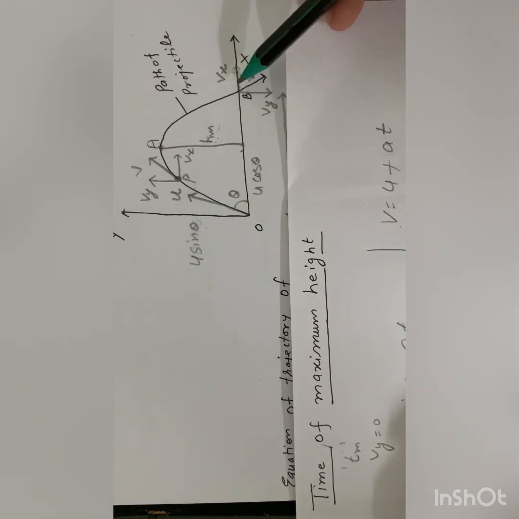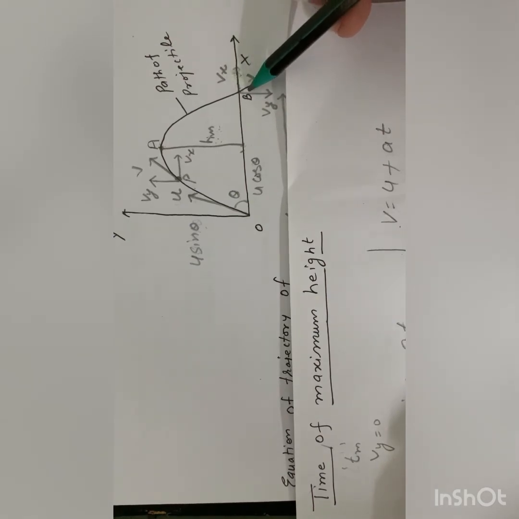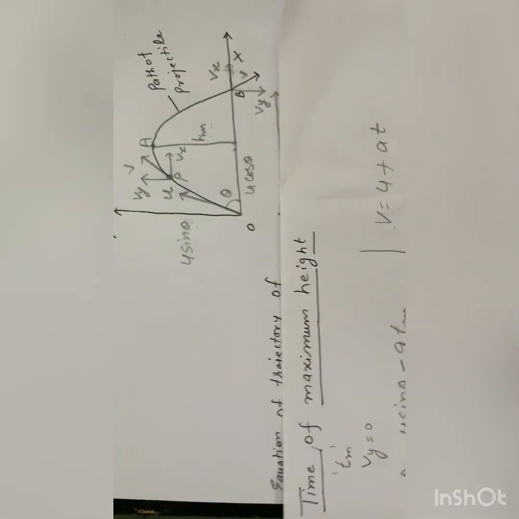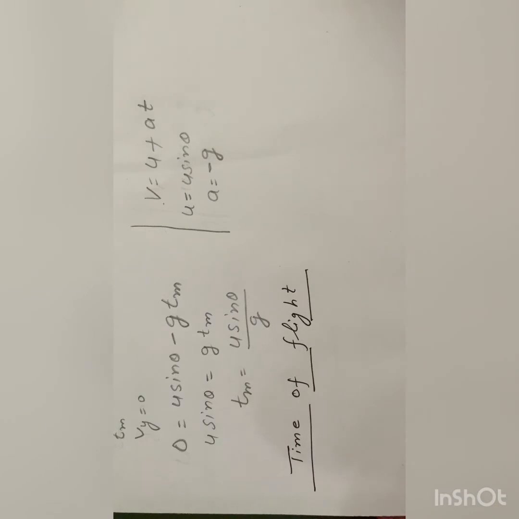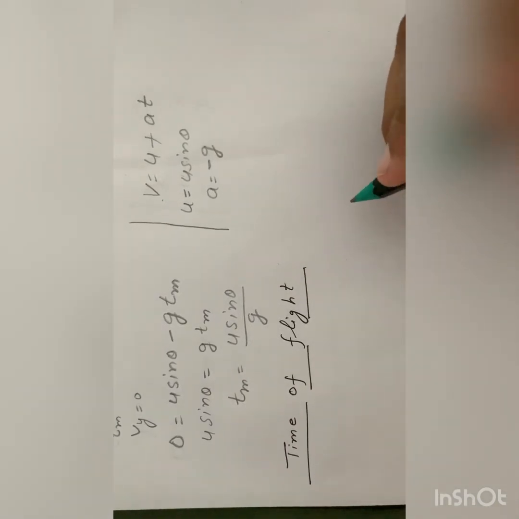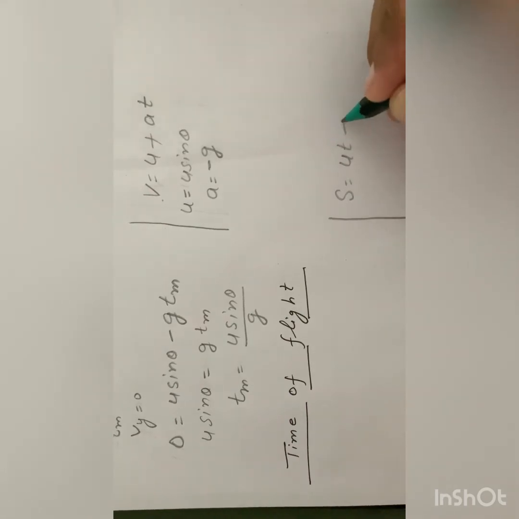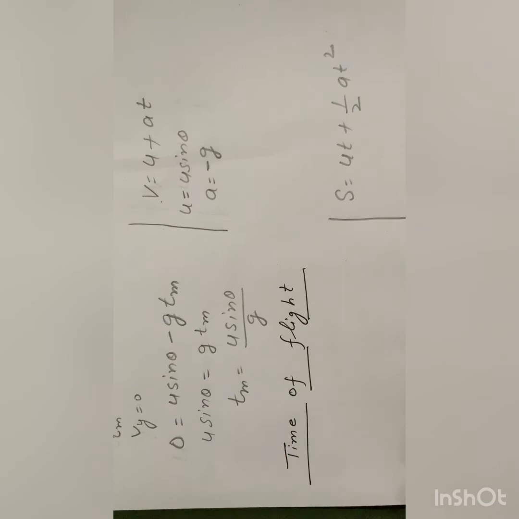The body reaches the point B after the time of flight. Here we know that the net vertical displacement during the time of flight is 0. We have s equal to ut plus half at square.